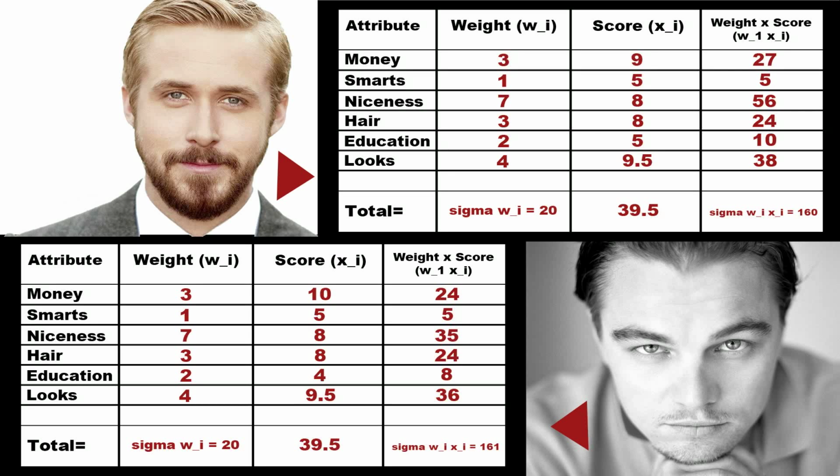All right, let's see. I'm going to look at their scores. They have very similar scores, except that Ryan Gosling has less money. Leo has 10 for money, and Ryan Gosling has only 9. I think Leo made way more money because he's been around longer. But Leo has 4 in education. Ryan has 5. Aren't they both child actors? Yeah, but I don't think Leo passed his math 150. No, he probably passed. But I think he said in an interview he didn't like math.